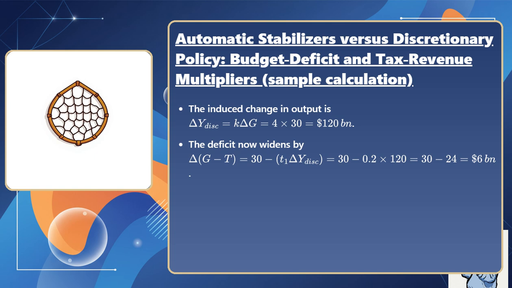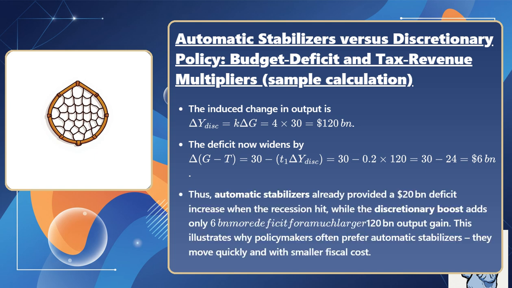The deficit now widens by delta (G minus T) equals 30 minus (T_1 times delta Y_stim), which equals 30 minus 0.2 times 120, which equals 30 minus 24, which equals $6 billion.